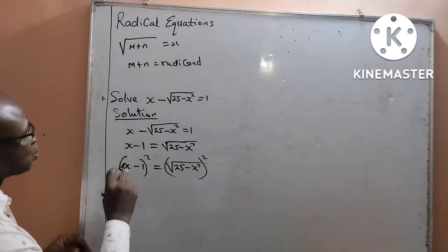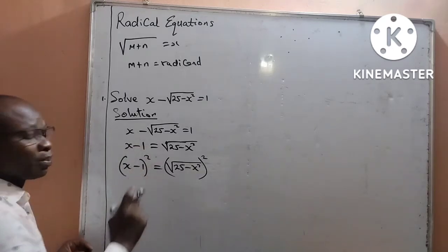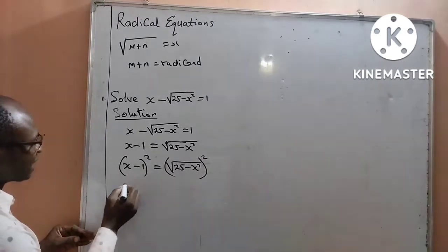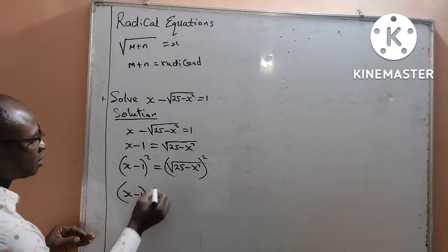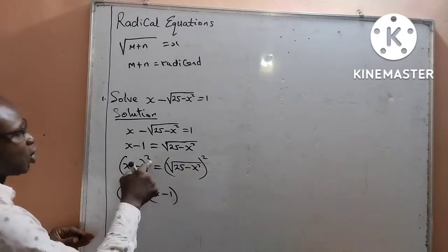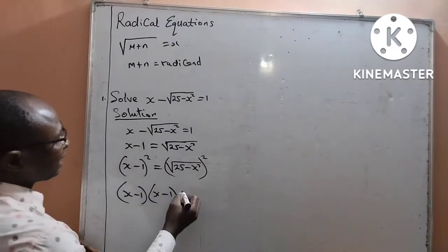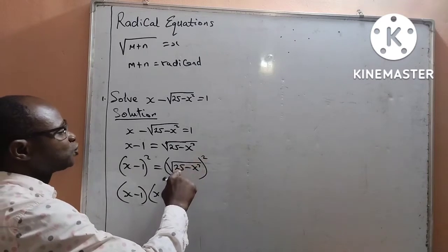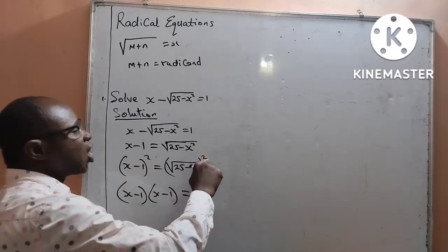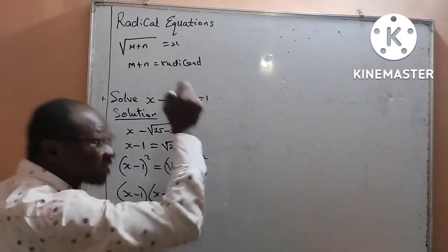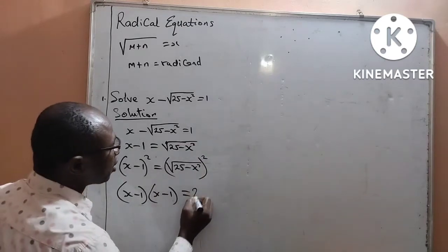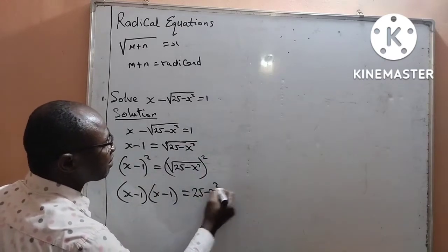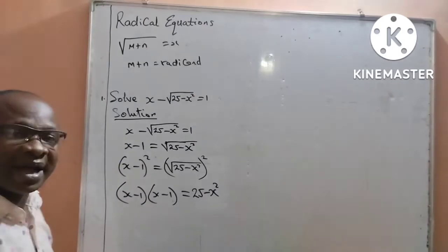When that happens, I am going to open this bracket, and I will have x minus 1 squared because of the square. And on the right hand side, square root of 25 minus x squared all squared is going to just clear the square root sign, and that becomes 25 minus x raised to the power 2. This is where I am now.